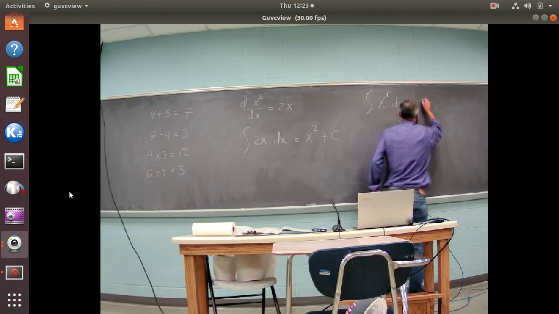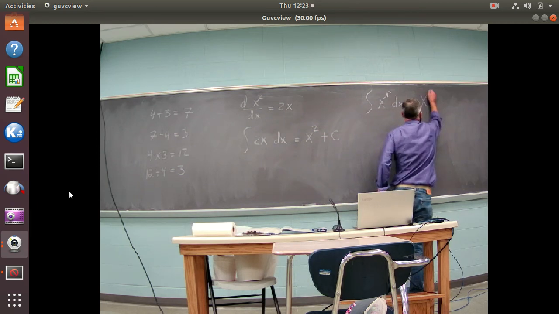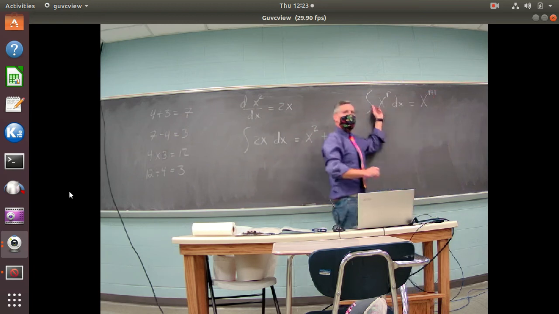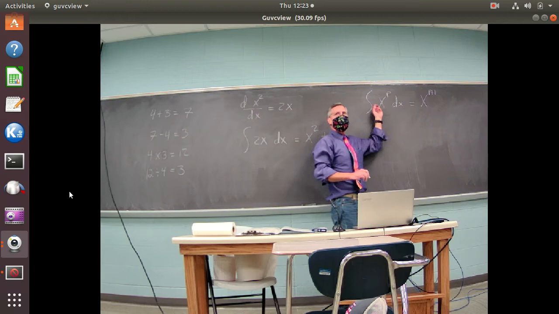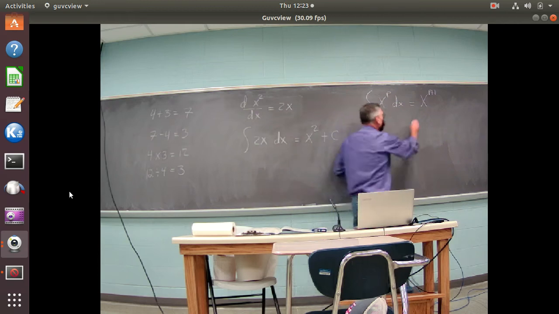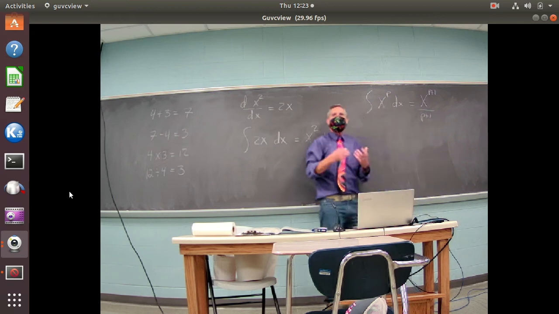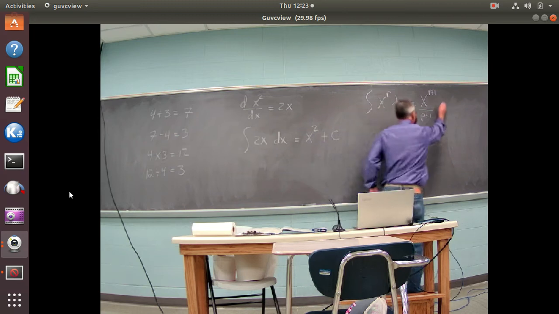So this is x to the p plus 1. And then this doesn't have any coefficient out front, so I need to divide by that p plus 1 to get it right. And then plus any arbitrary constant.